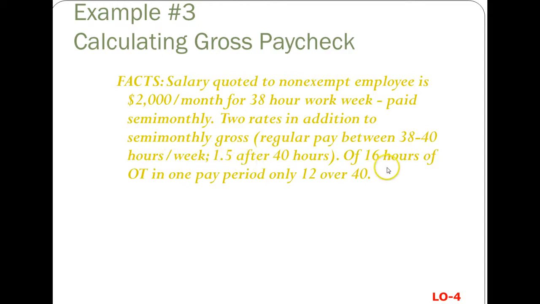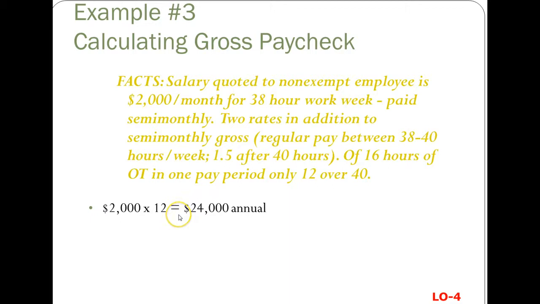And of the 16 hours of overtime in one pay period, only 12 is over 40, because the other difference of 4 hours was 38 to 40. So basically they're usually working 38 hours, but if they happen to work up to 40, they don't get paid overtime, but after 40 they do get paid overtime.